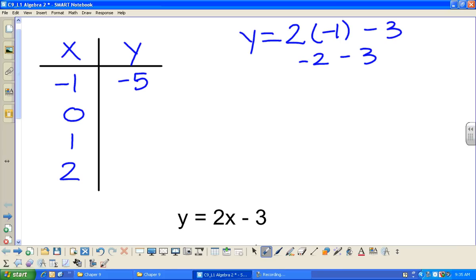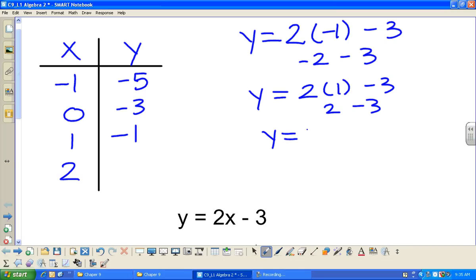If I put 0 in for X, 2 times 0 cancels out, and I'll just have -3. When I put 1 in for X, I get 2 minus 3, which would give me a -1. And when I put 2 in for X, I get 4 minus 3, which would give me 1.